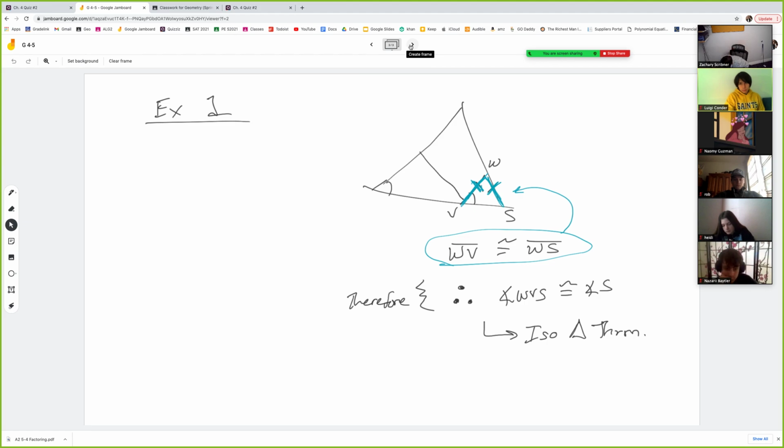So therefore, this angle is congruent to this angle, which is angle S. Okay?